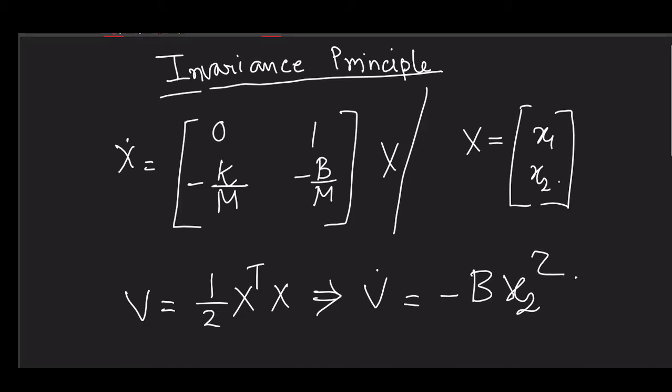In this connection, apparently V dot is just a negative semi-definite function. However, we will find that V dot is negative definite everywhere except on the horizontal line on which x2 is equal to 0.